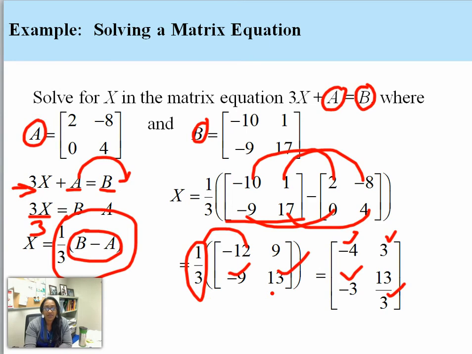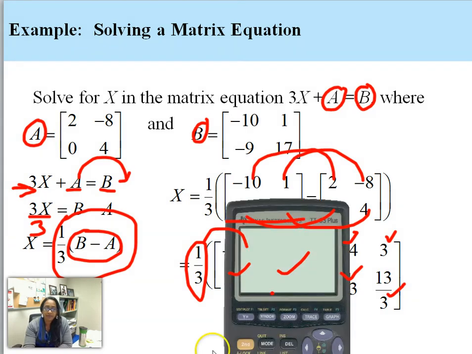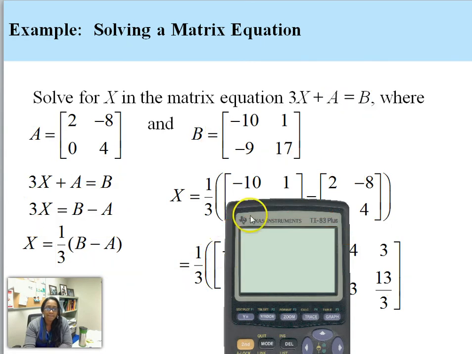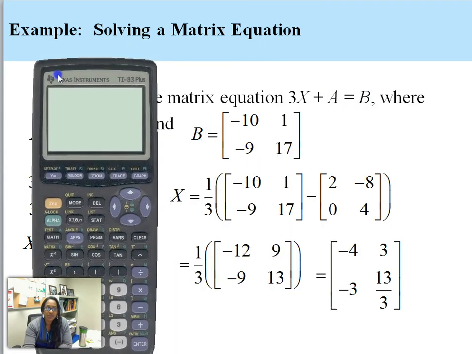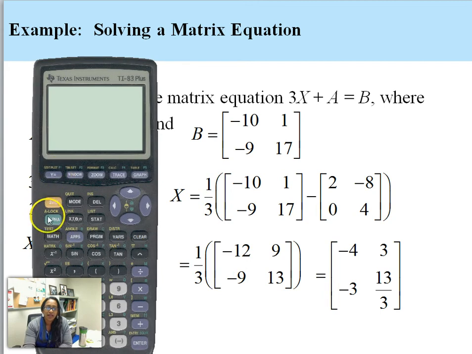All right. Now let's go ahead and see how we can do that with the TI-83 here. So first, remember, I have to put in matrix A and matrix B. So let me just turn this on here, clear. Second, matrix. Remember, I have to change the matrix, it's not the same.